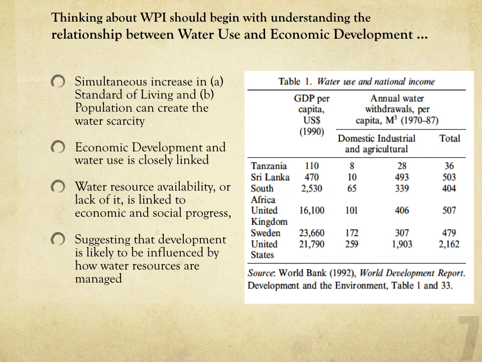So the idea here is that WPI should begin with an understanding of the relationship between water use and economic development. She gives a chart in her 2002 paper where she compares the GDP per capita of different countries in dollars, and places against the GDP the annual water withdrawals, meaning actual withdrawal from different kinds of sources, maybe rivers, lakes, dams, groundwater, both for domestic and agricultural purposes.